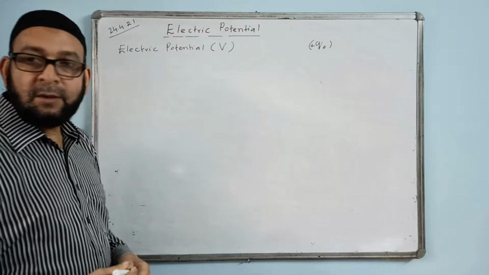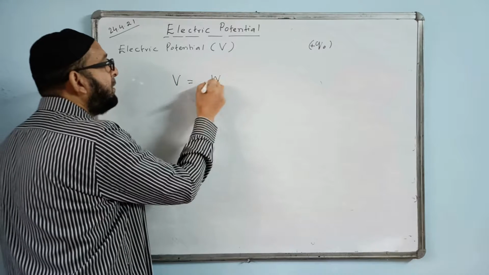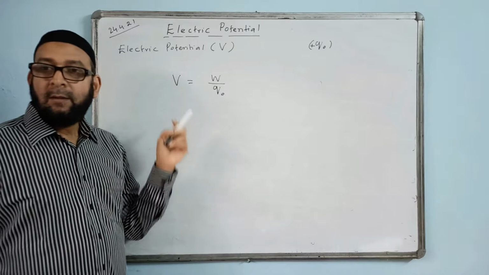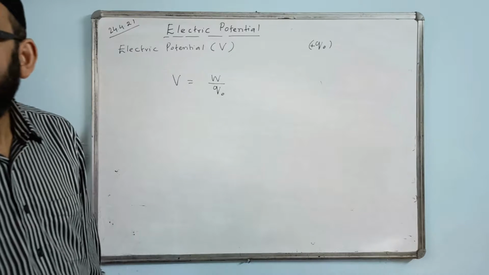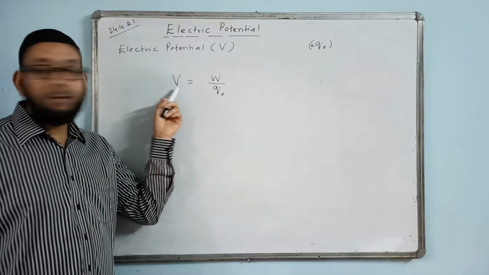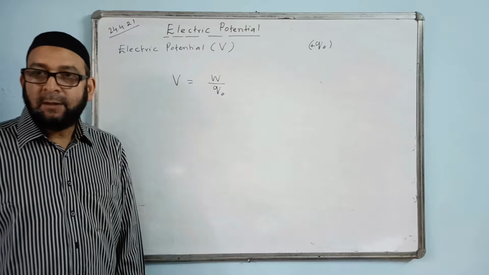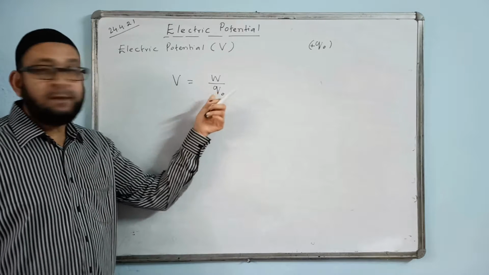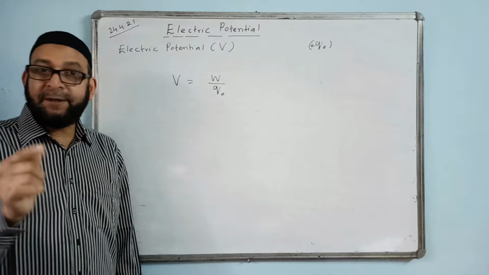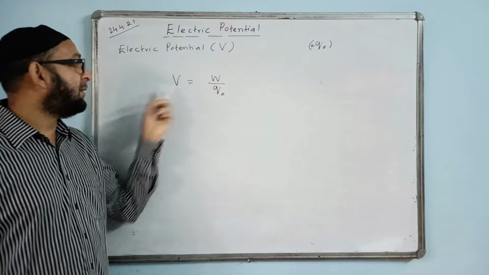In other words, V is equal to W by Q naught. In other words, electric potential is work per unit test charge. What kind of test charge? This test charge, that is plus 1 coulomb charge, we are bringing from infinity to a given point. However much is the work done, that is called electric potential.